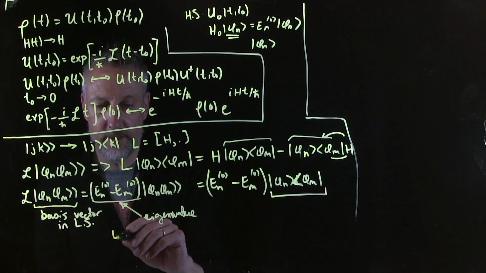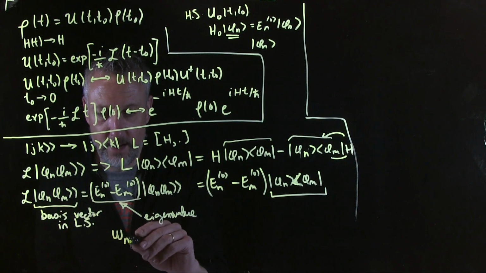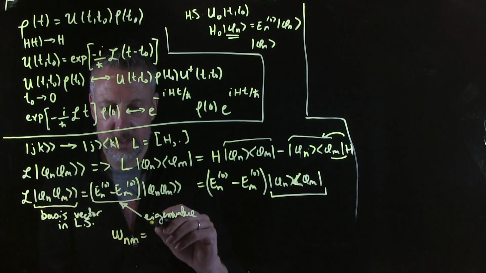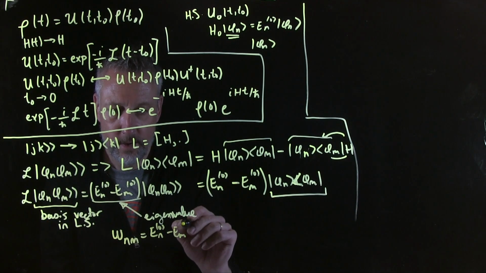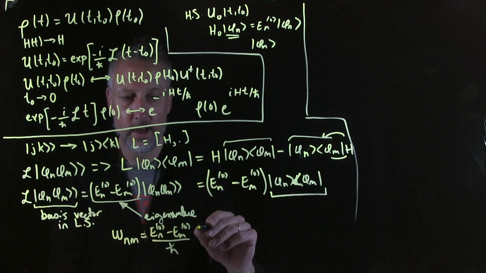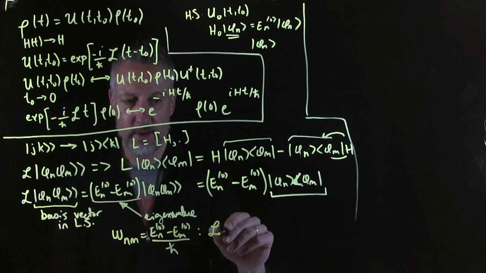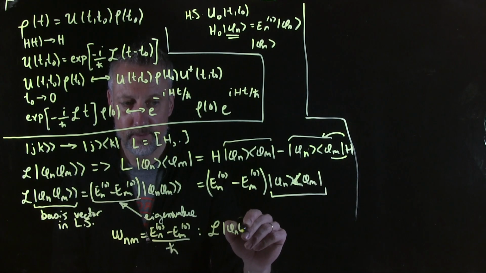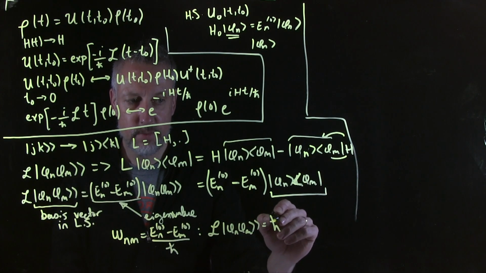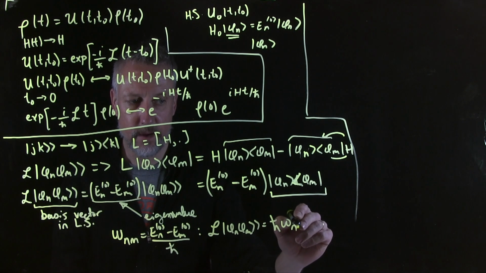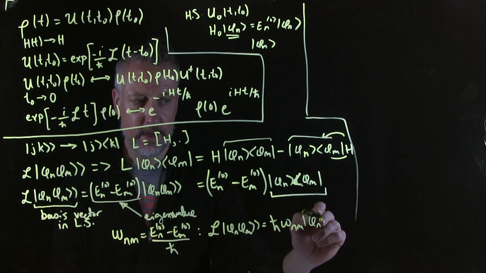So let's just define a frequency, omega nm, which is exactly equal to this, En of 0 minus Em 0 divided by h bar. That turns the Liouville eigenvalue problem into the following. This is going to be h bar omega nm phi n phi m.